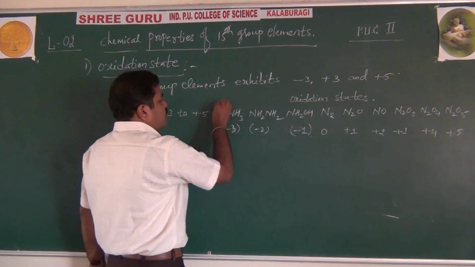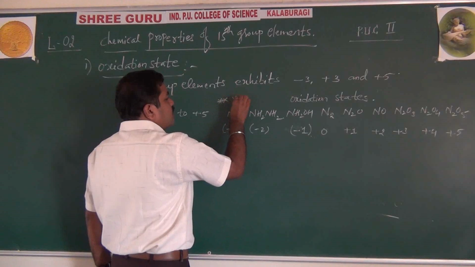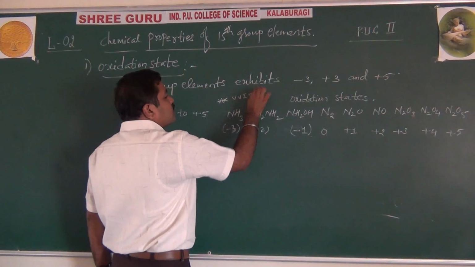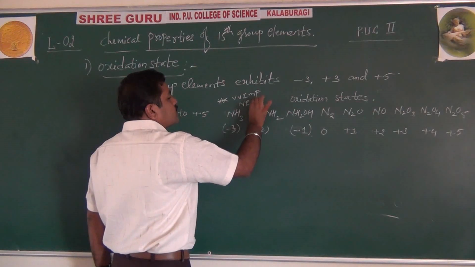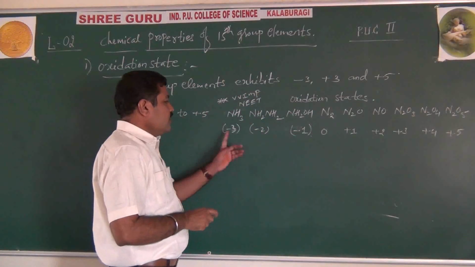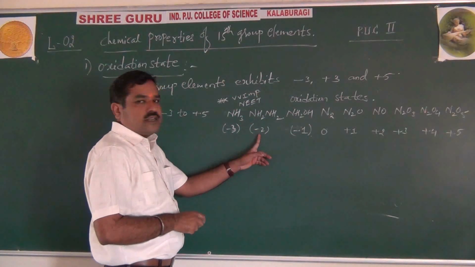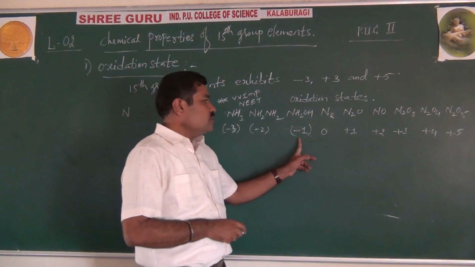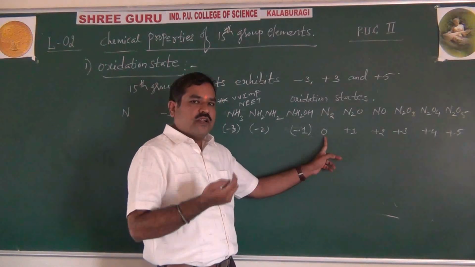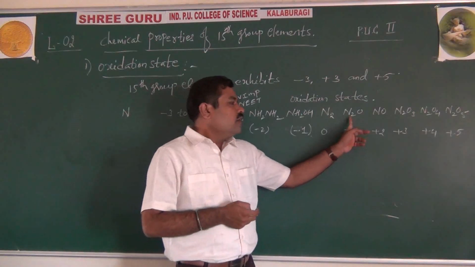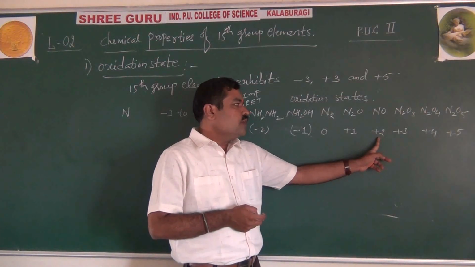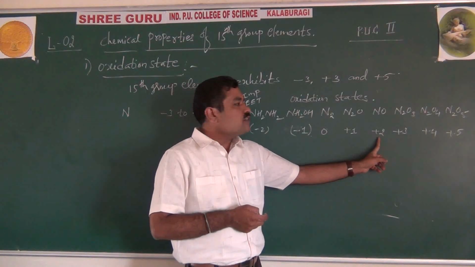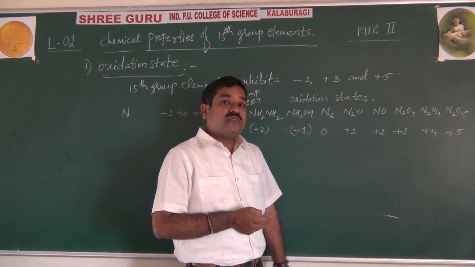Please remember, students, these are very important. In ammonia it is -3, in hydrazine -2, hydroxylamine -1, elemental nitrogen 0 according to the oxidation number rule, nitrous oxide, laughing gas, +1, nitric oxide +2, dinitrogen trioxide +3, dinitrogen tetroxide +4, dinitrogen pentoxide +5.